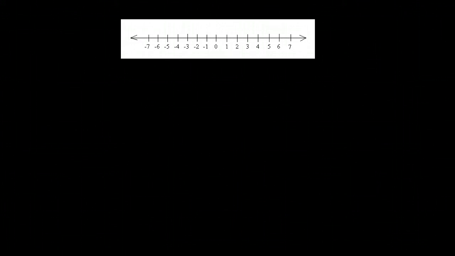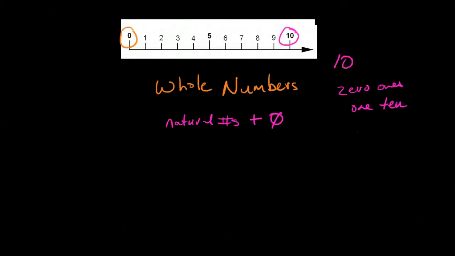And at the number 1, I am 1 unit away from this 0, right? But I can also go 1 away from 0 in a different direction. I can go in a negative direction, and that will put me here at a negative 1.